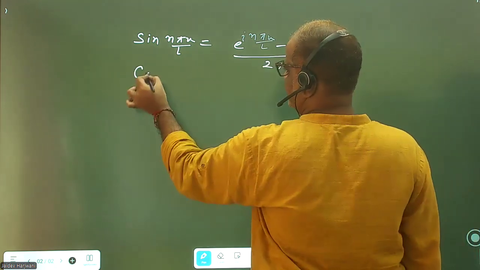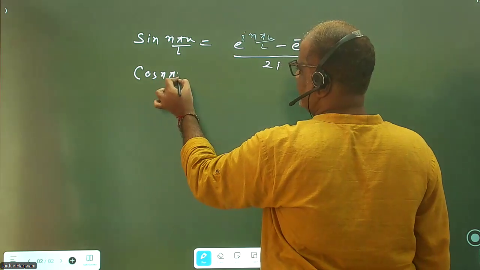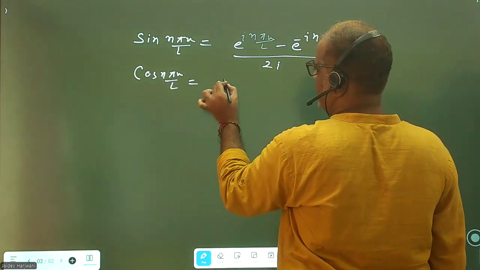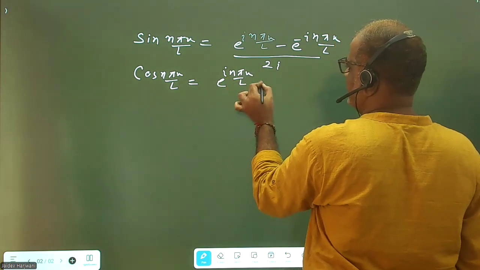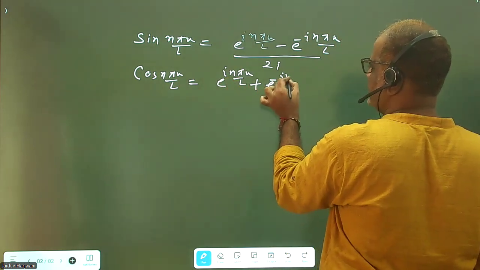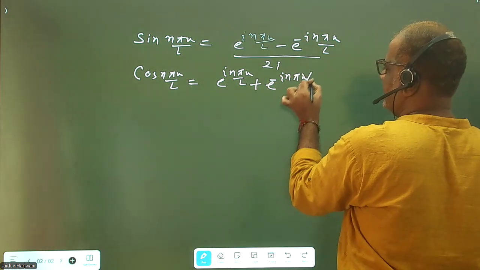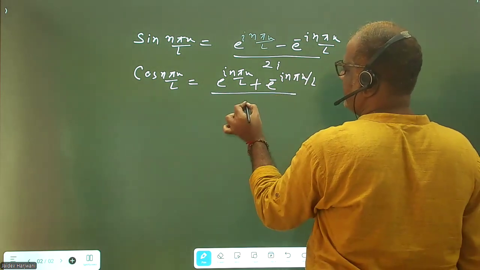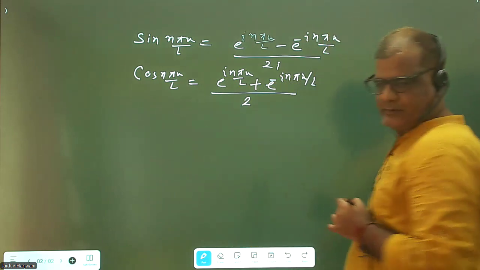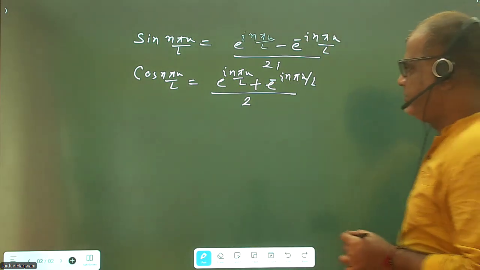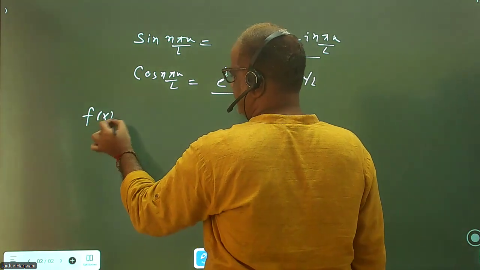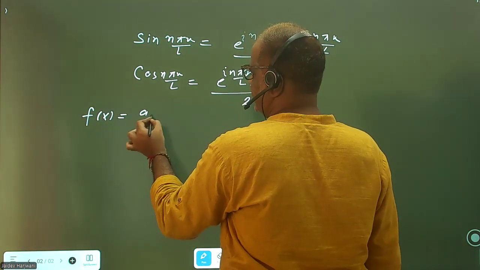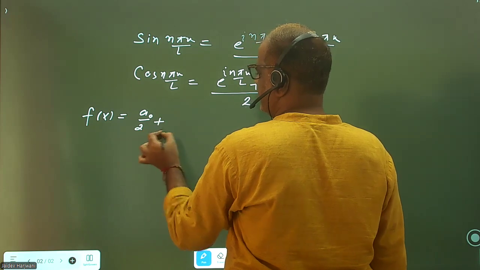Similarly, we can write cos of n pi x upon L as e power iota n pi x upon L plus e power minus iota n pi x upon L, upon 2. Now if I write my complex Fourier series, that is a0 by 2.